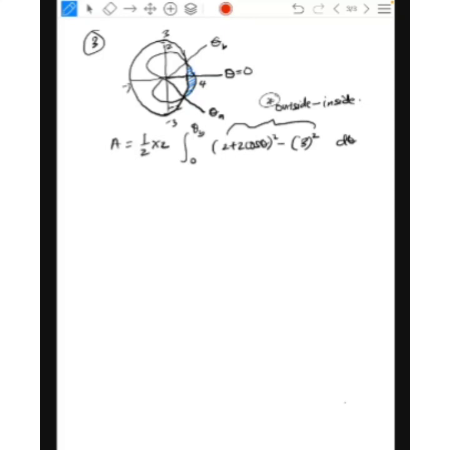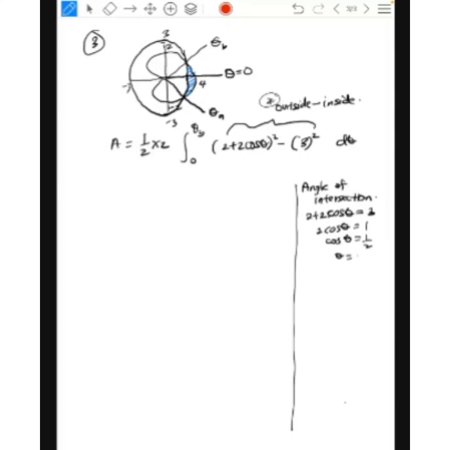Alright, and then we have to find the theta b now. How to find theta b? Let's find the angle of intersection. So we equate the quadrant 2 plus 2 cos theta with the circle, which equals 3. So 2 cos theta equals 1, cos theta equals 1 over 2.